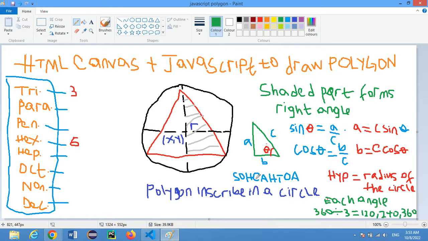Hello everyone. In this tutorial, you are going to learn how to use HTML canvas and JavaScript to draw polygon shapes.